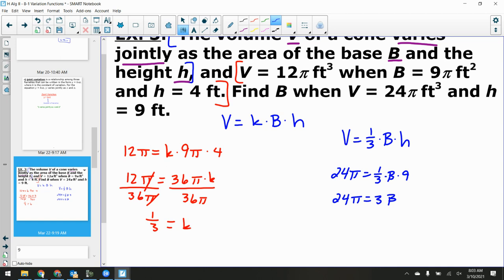Right, 1/3 of 9 is 3. Divide by 3 over to the other side. 8 pi is the area of the base. 8 pi feet squared. So somewhere around a little over 24.